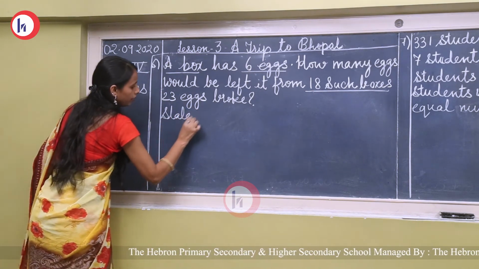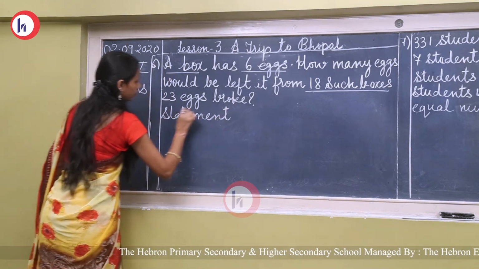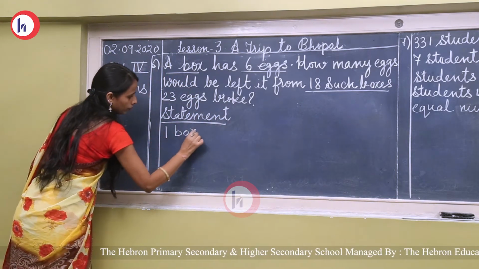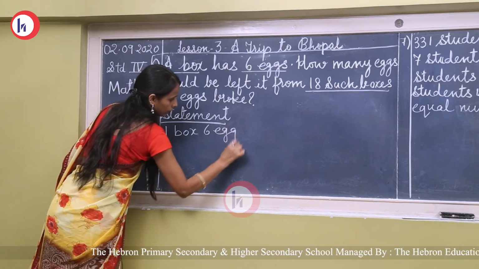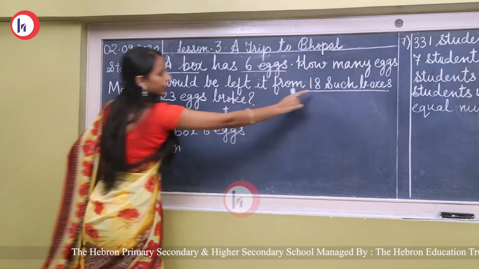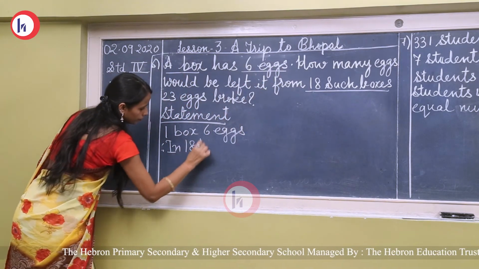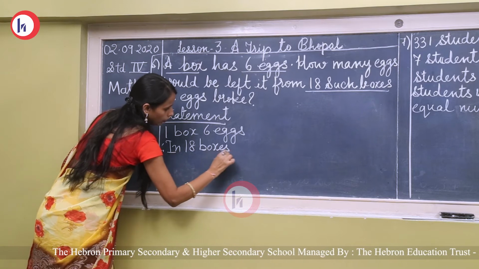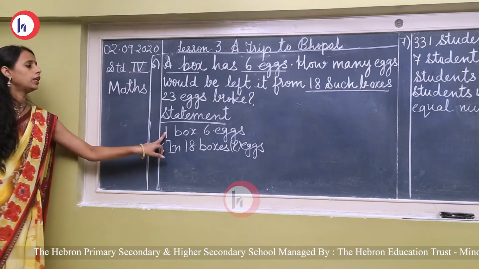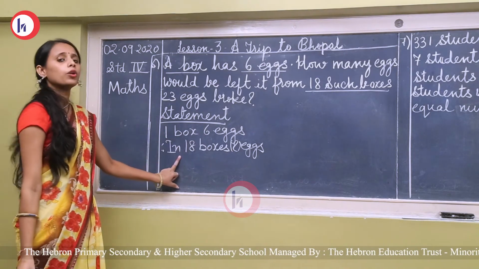So, first of all, we will write the statement. In one box, 6 eggs. Okay. So, in 18 boxes, how many eggs? So, the value of 1 is given and the value of more is being asked.